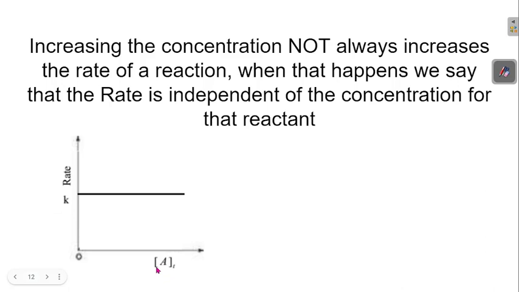So here you have a concentration of a reactant A over time, and here's the rate. So how fast is that reaction going? And as you see, it's a flat line. Means it doesn't matter if you're increasing the concentration of that reactant. It's not affecting the rate. Decreasing always decreases, but increasing does not always increase the rate. And you need to know that.